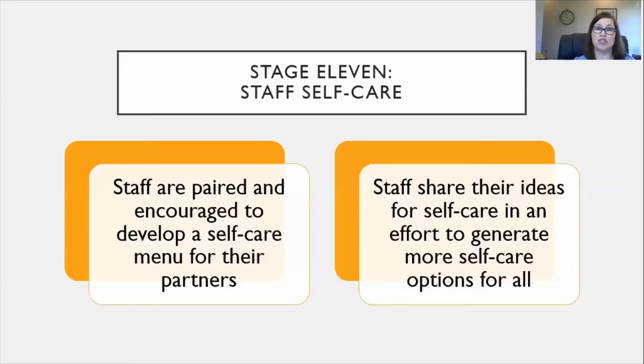So what I would suggest is that staff pair up, and I can provide forms or other suggestions for how to do this, but that you work in pairs and develop a self-care menu, if you will, for your partner.